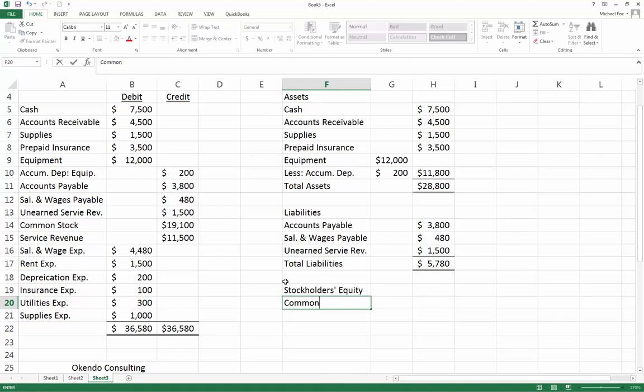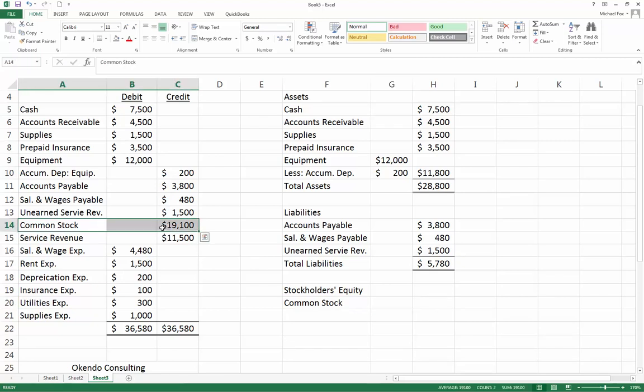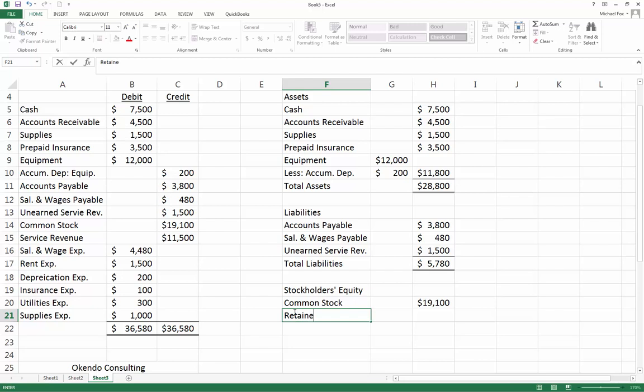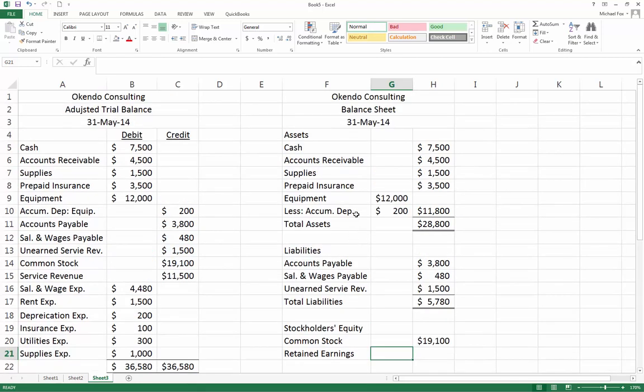I have my common stock. Whoops, I typed in common stock, didn't I? And my retained earnings. The retained earnings isn't given to me, so I would have to make a statement of retained earnings to figure it out.